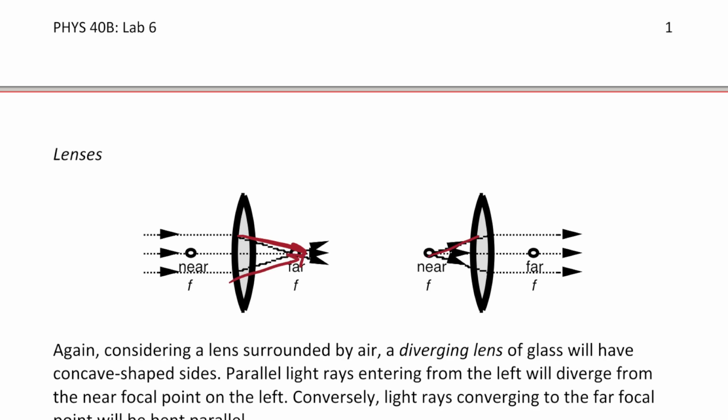If you go in the opposite direction, putting the waves in from the far point, they would come out parallel, moving in the opposite direction essentially.